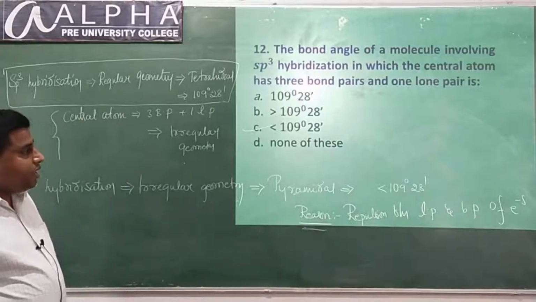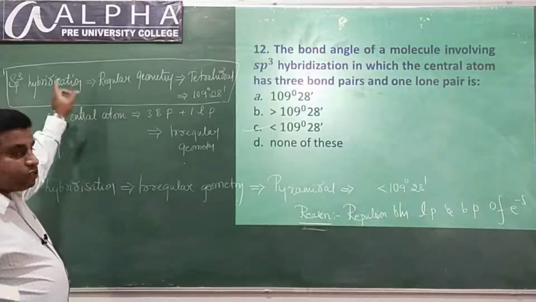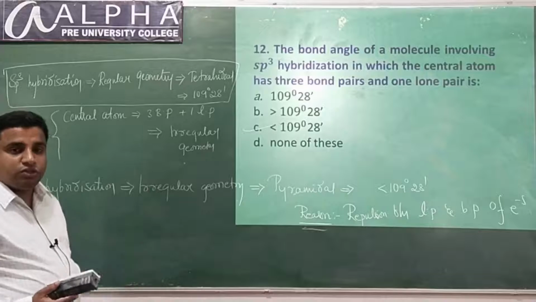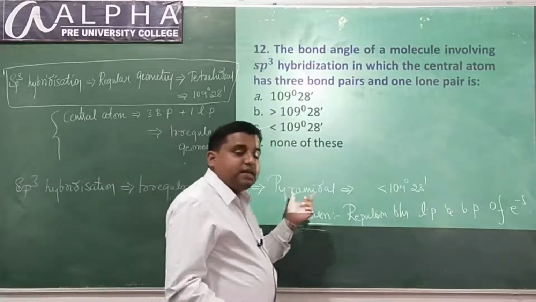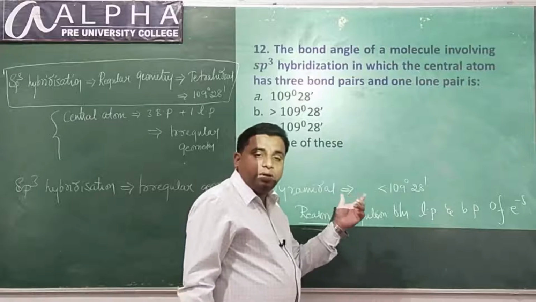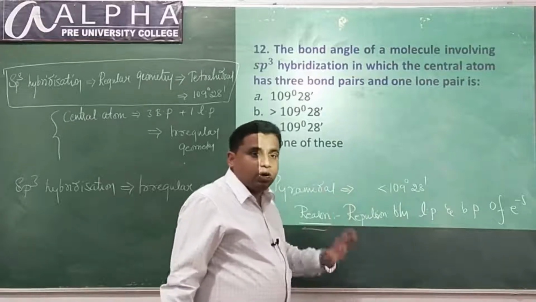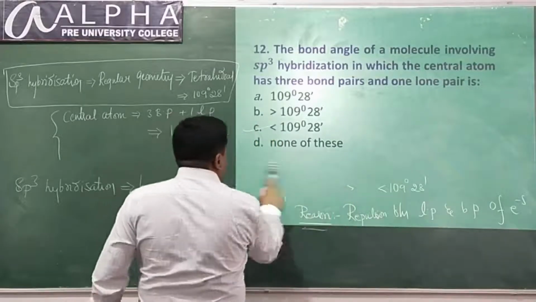Now let me explain this regular sp3 and irregular sp3 with an example, so that why the bond angle is less than 109 degree 28 minutes is justified.